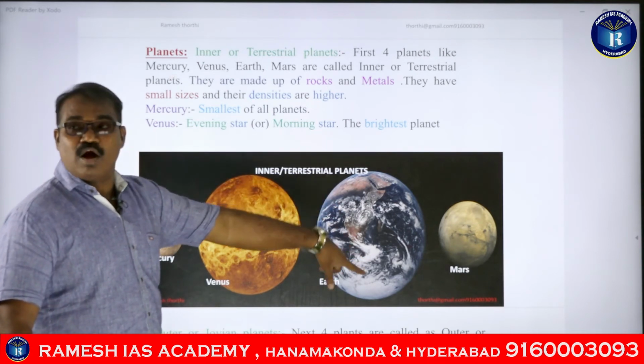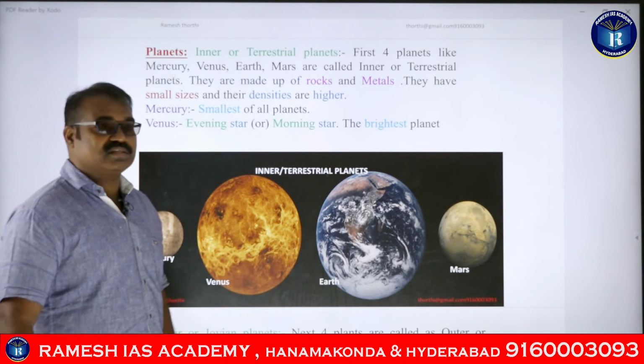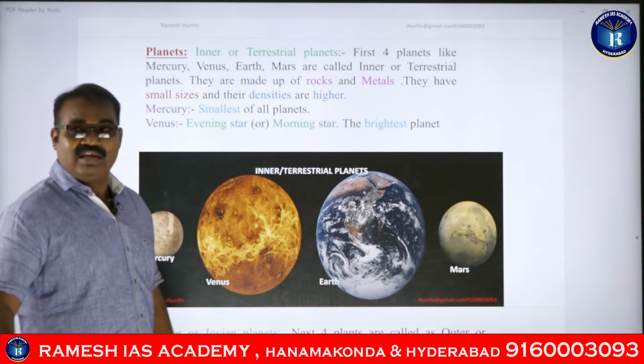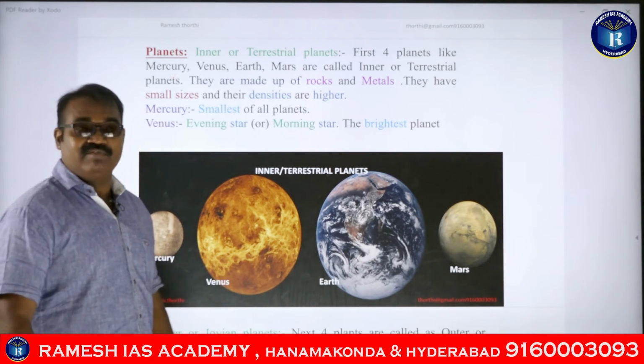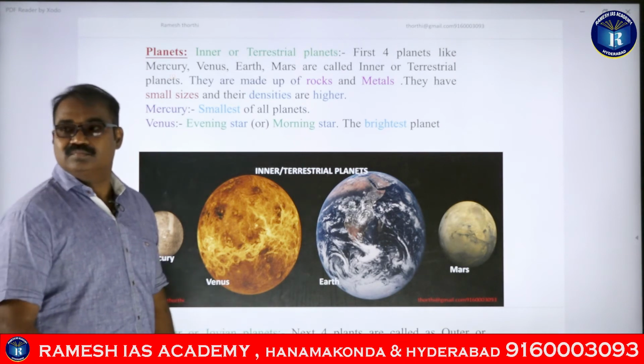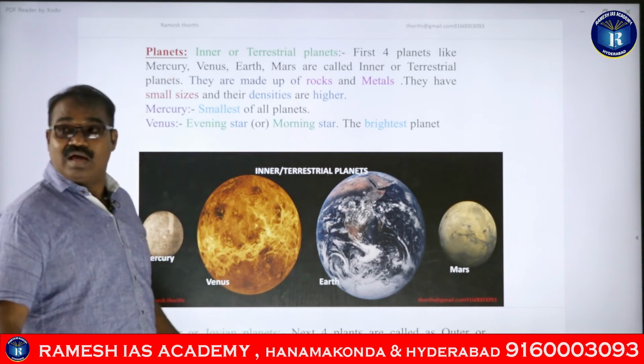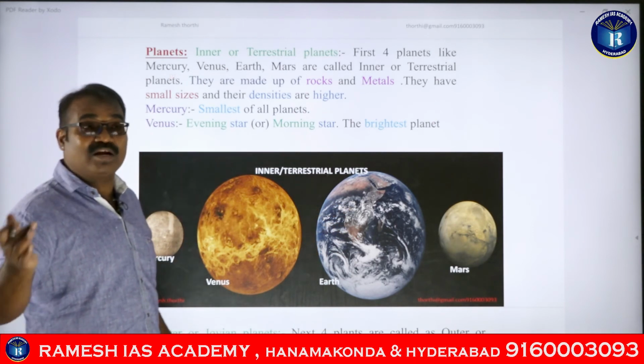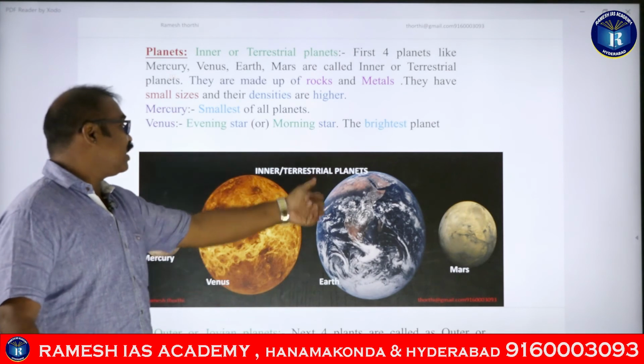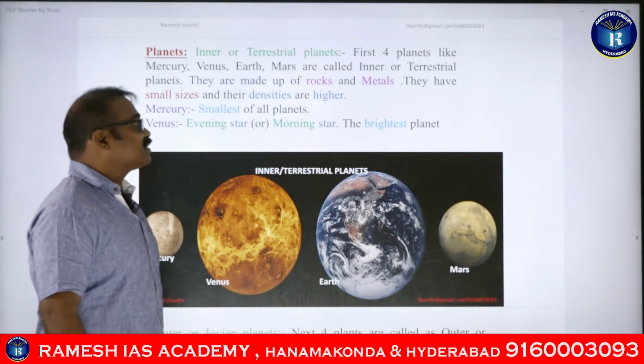Because their components are similar to that of the Earth, guys, rocky and metallic. Even the asteroids are rocky or metallic. Even the meteors are rocky and metallic. Because all of these four are made up of components similar to that of the Earth, they are called the terrestrial planets.